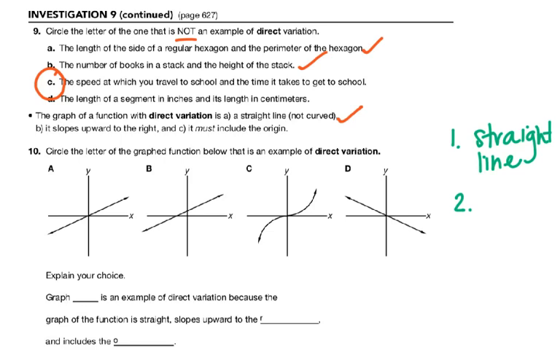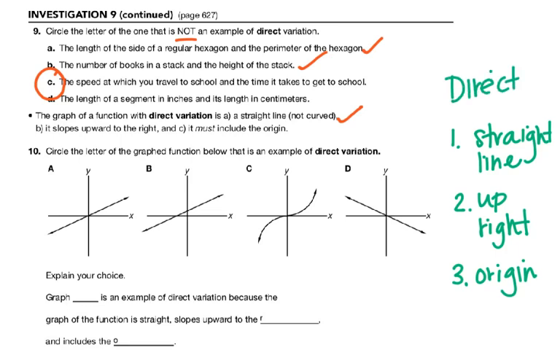The slope is up to the right, so up and right, and it has to have the origin in it too. This is very important to remember. Our direct variation graph has those three things.